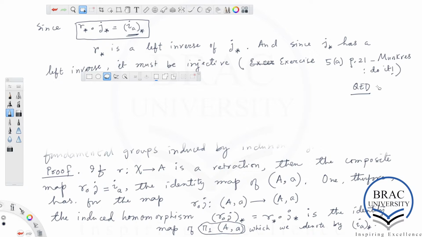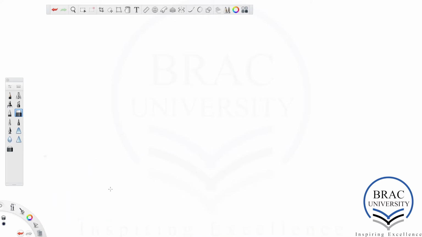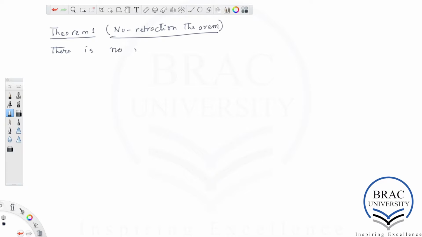Now the first theorem of today's lecture, theorem 1, which we call the no retraction theorem, states that there is no retraction of the unit ball B2 onto the unit circle S1.